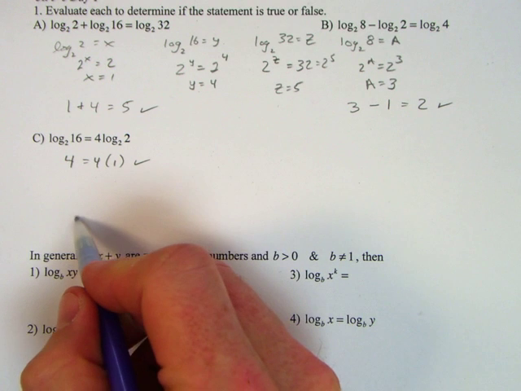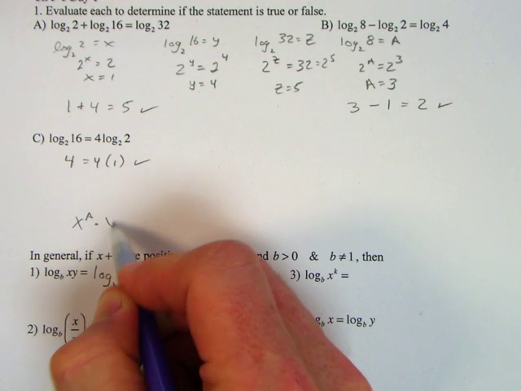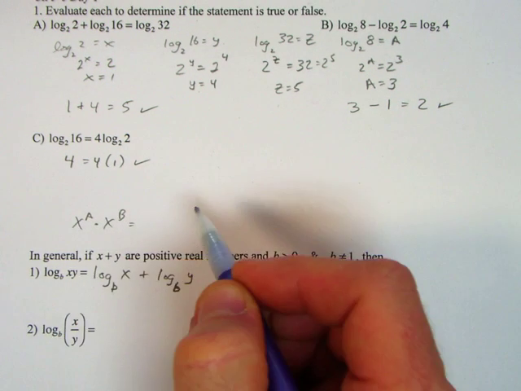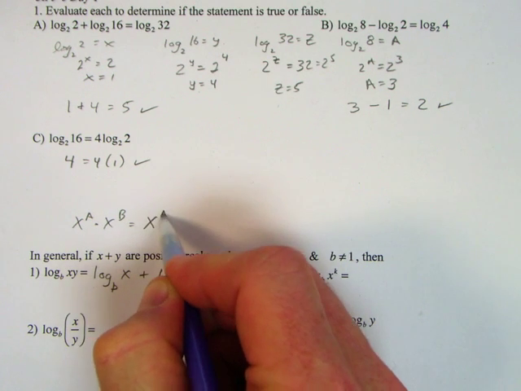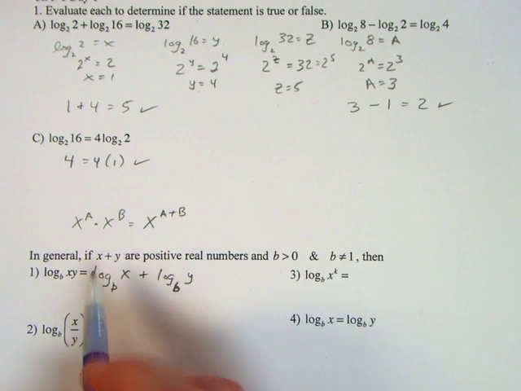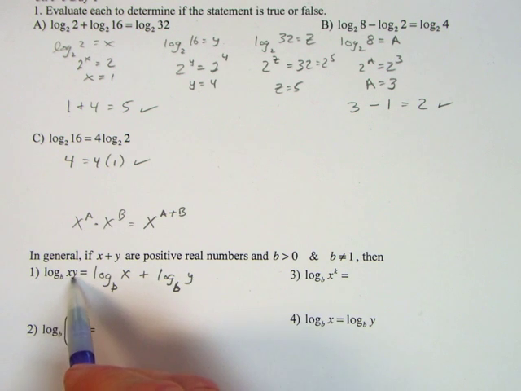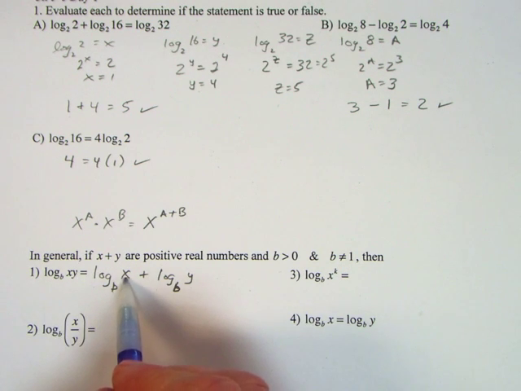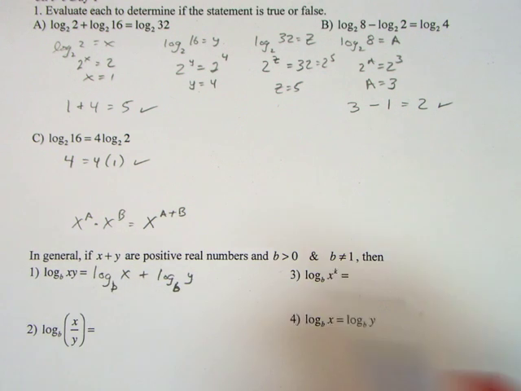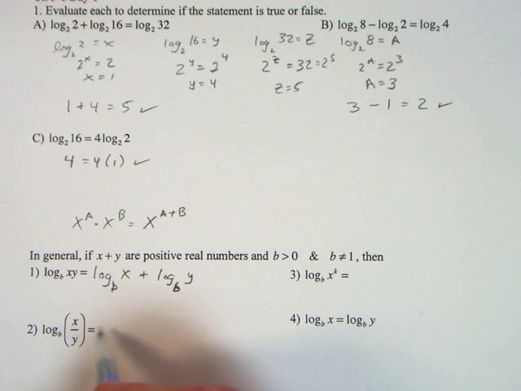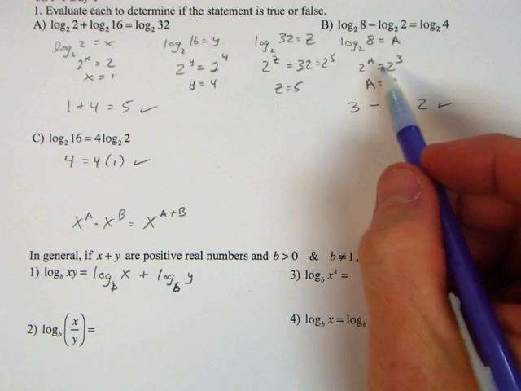So let's review a second. What if we had x to the a times x to the b? What do we do with them? We would add the exponents, so it's x to the a plus b. Similarly, we have log base b of xy is log base b of x plus log base b of y. On the second one, that would be like our second example.